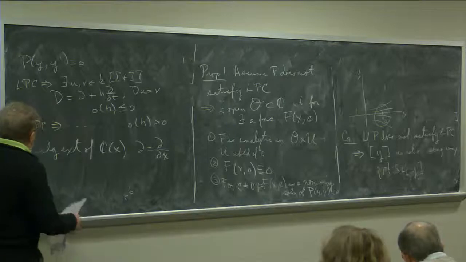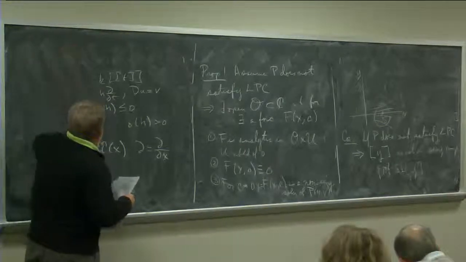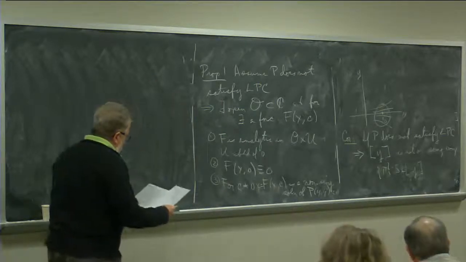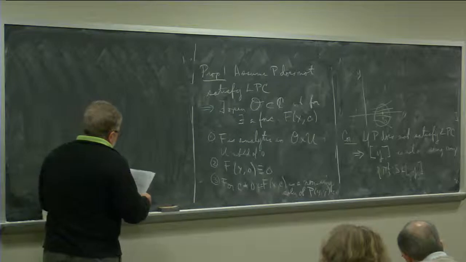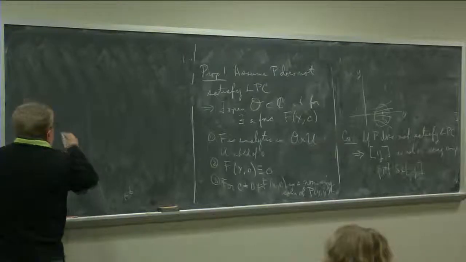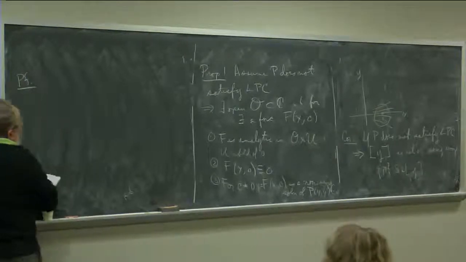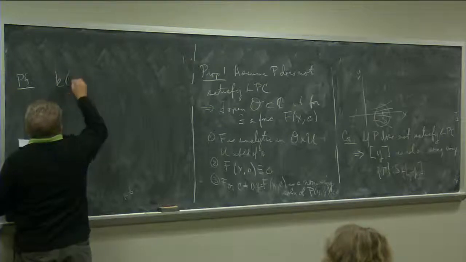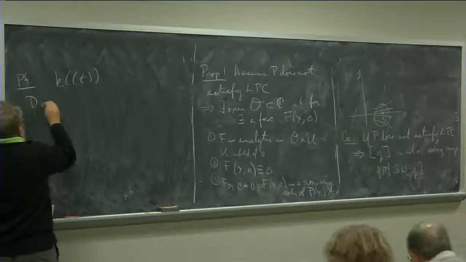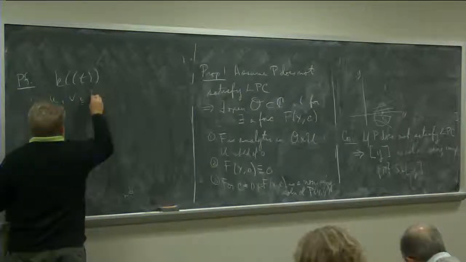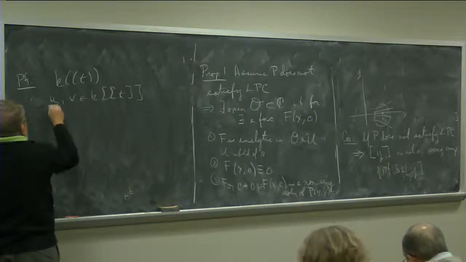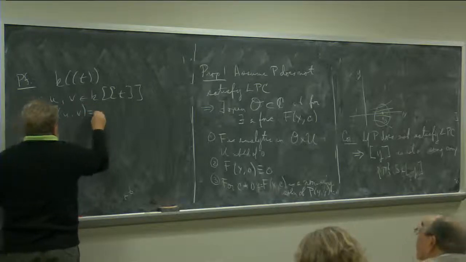And let me say how one proves this, and then I'll stop proving things and just state some things. The proof is what I just erased. I'm working in here. I have u, v in here, P of u, v equals 0.